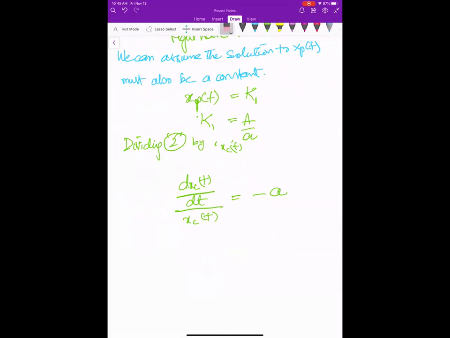Okay, so I can then say that I can also write it as this, because this is the form of ln, that if I take the derivative of ln, I will get the same thing, right?